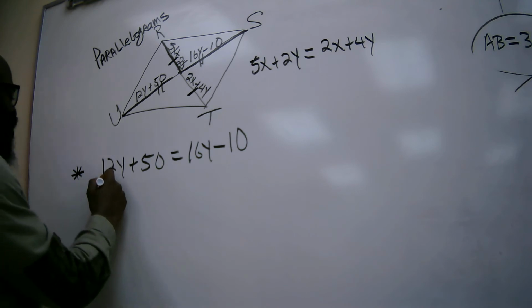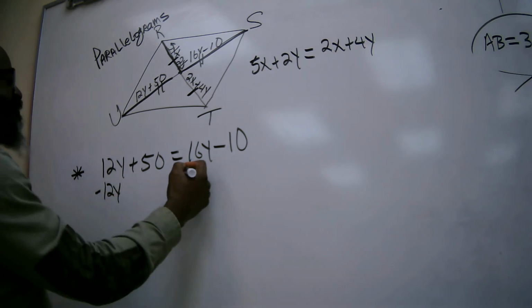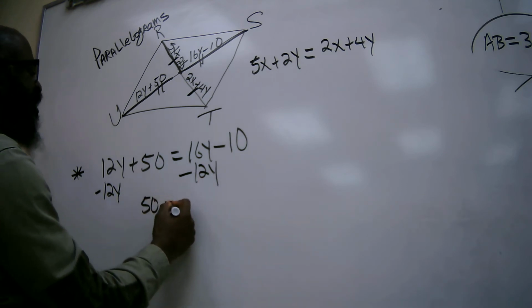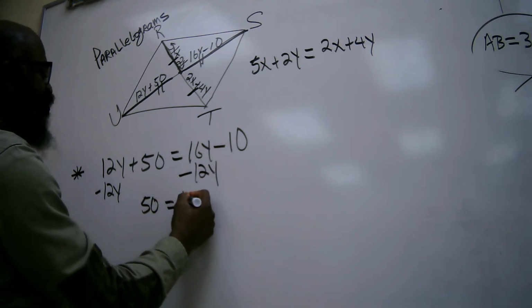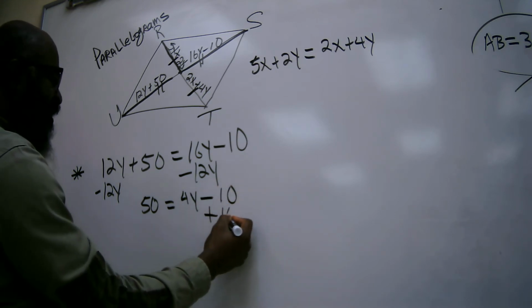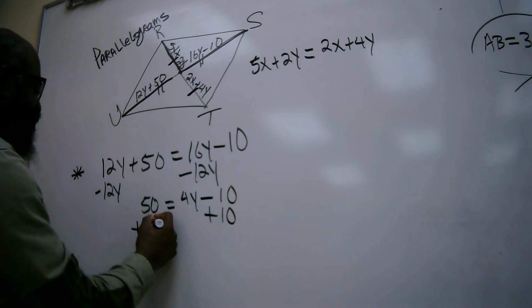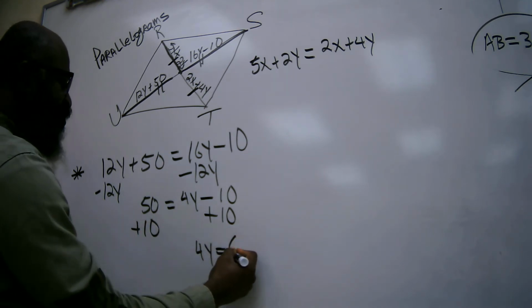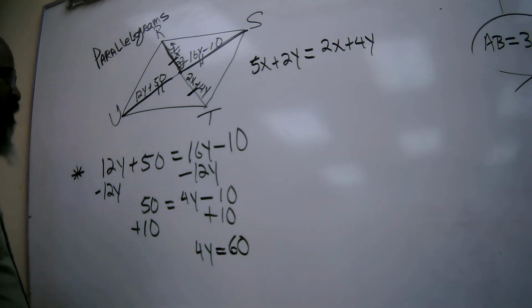So we're going to subtract 12y from each side. Then you will have 50 is equal to 4y minus 10. Then we add 10 on this side. Then you will have 4y is equal to 60. Alright?